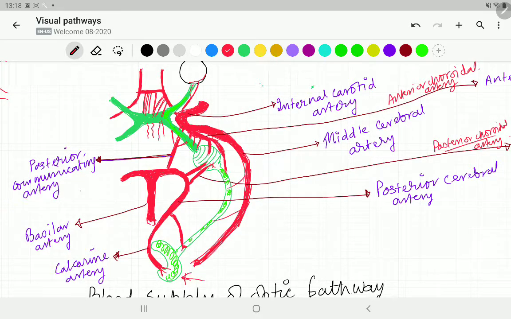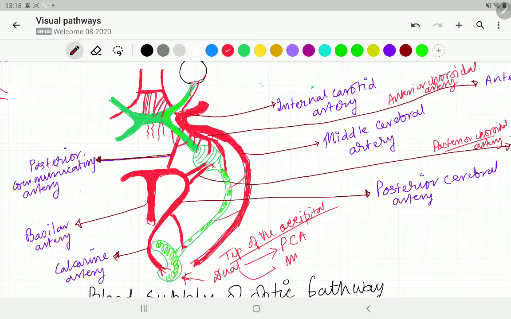However, the tip of the occipital cortex has a dual blood supply, and it is supplied by both the posterior cerebral artery as well as the middle cerebral artery. And that has importance when we discuss the different lesions we can get.